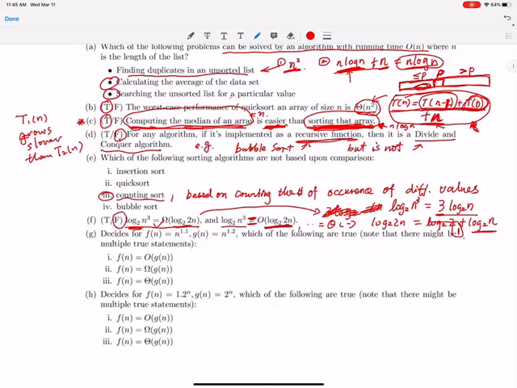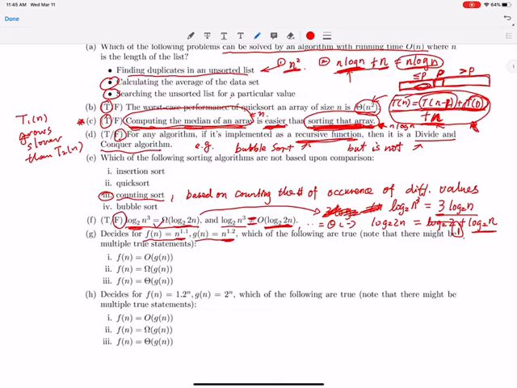Okay, number G. We have two functions here, and we want to see which of the statements are true. Notice that they are so-called polynomial functions of n.